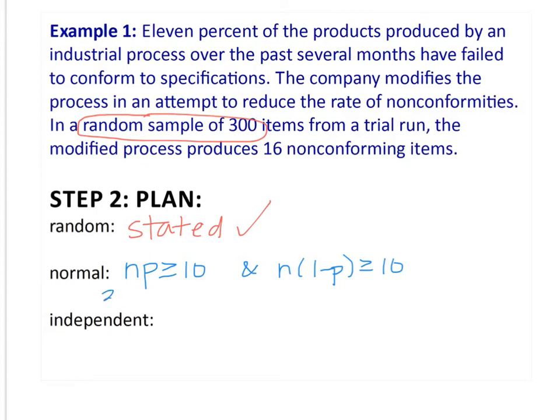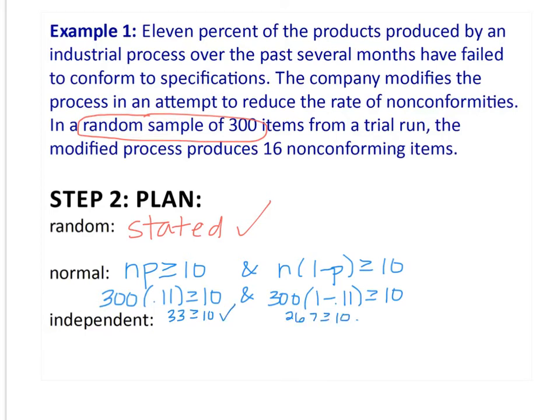Well, N is 300, P is 0.11, and we want that to be greater than or equal to 10, and we want 300 times 1 minus 0.11 to be greater than or equal to 10. And when I do the calculations, I get that 33 is greater than or equal to 10, check, and 267 is greater than or equal to 10. So the normal condition checks. Both of those are met. Remember, it's an and statement, this and that.